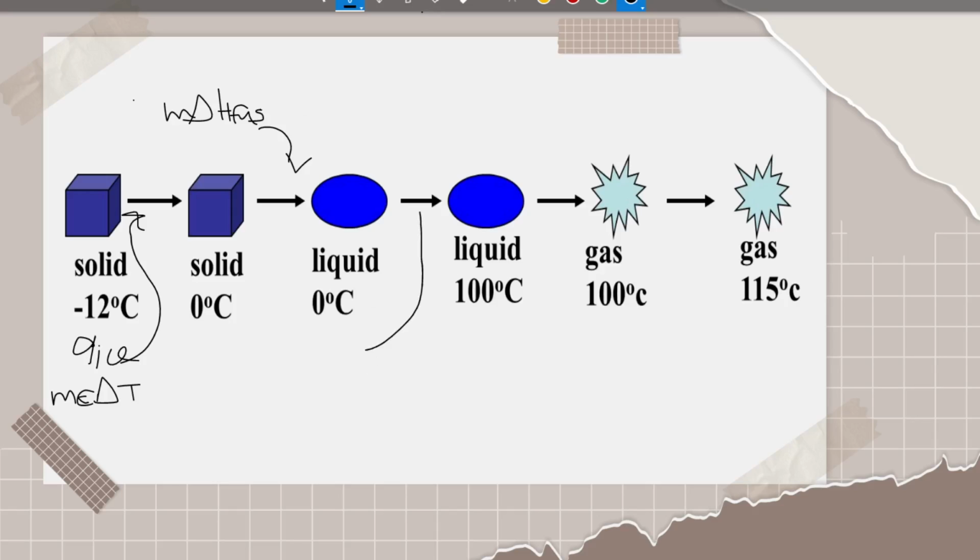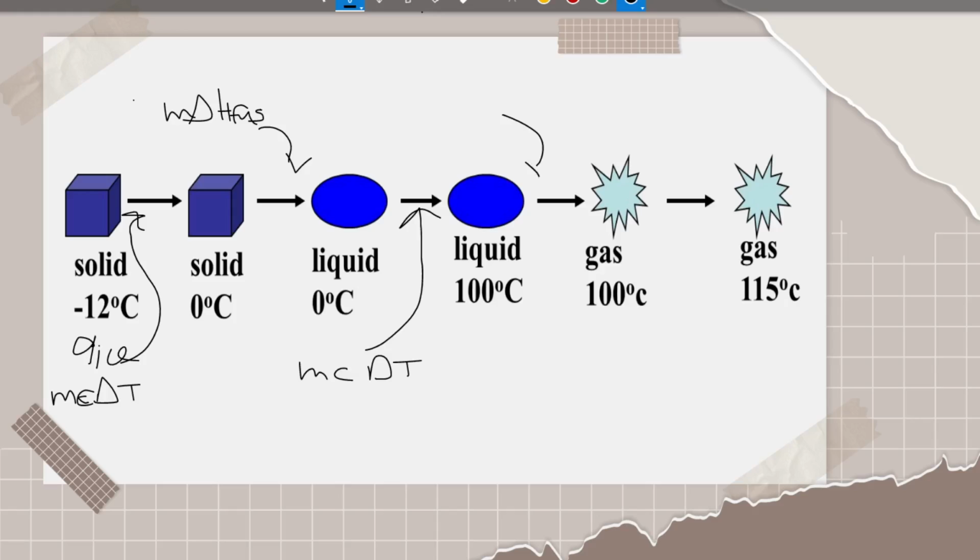Here, if you're going from a liquid to a liquid close to its boiling point, that's still going to be m c delta T. The difference is that our solid, our liquid, and our gas are going to have different C values.